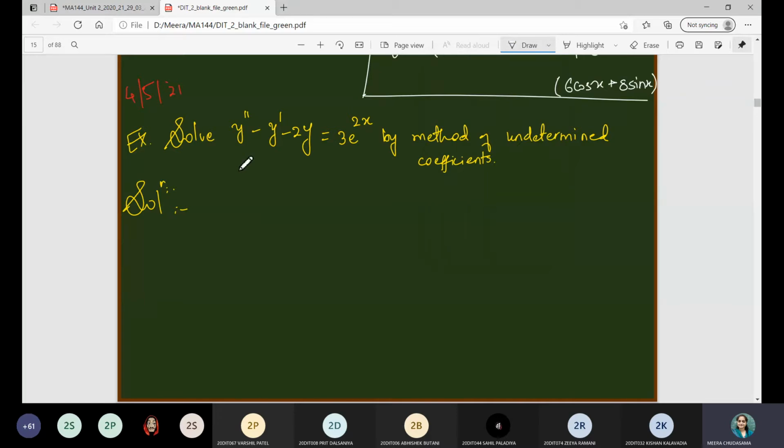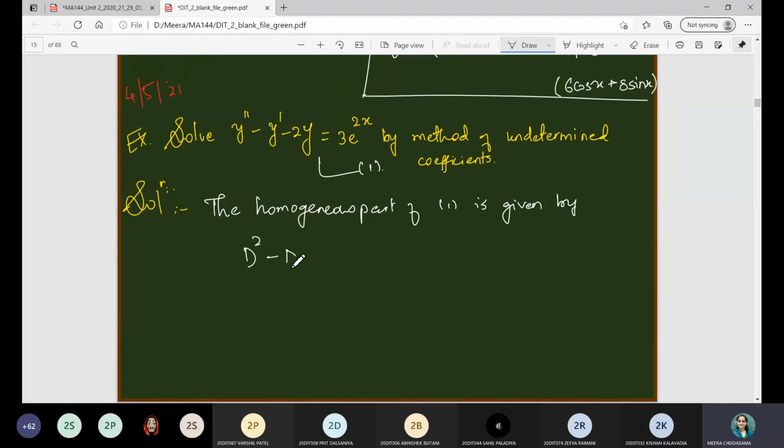Right, so let us solve it. First of all, we have to consider its complementary function. For that we need to consider the homogeneous part. Suppose I give this as equation number 1. The homogeneous part of 1 is given by D squared minus D minus 2 y equal to 0.